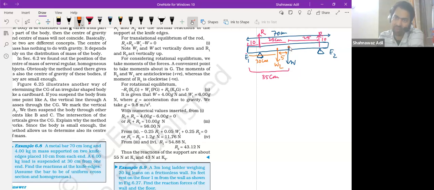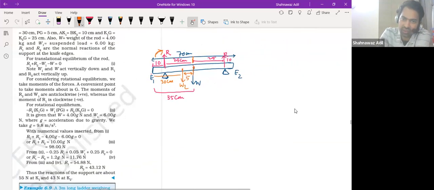And we will assume that this is the axis of rotation, the pivot point, right? So then this reaction will move in this direction. Now we can write all the things.